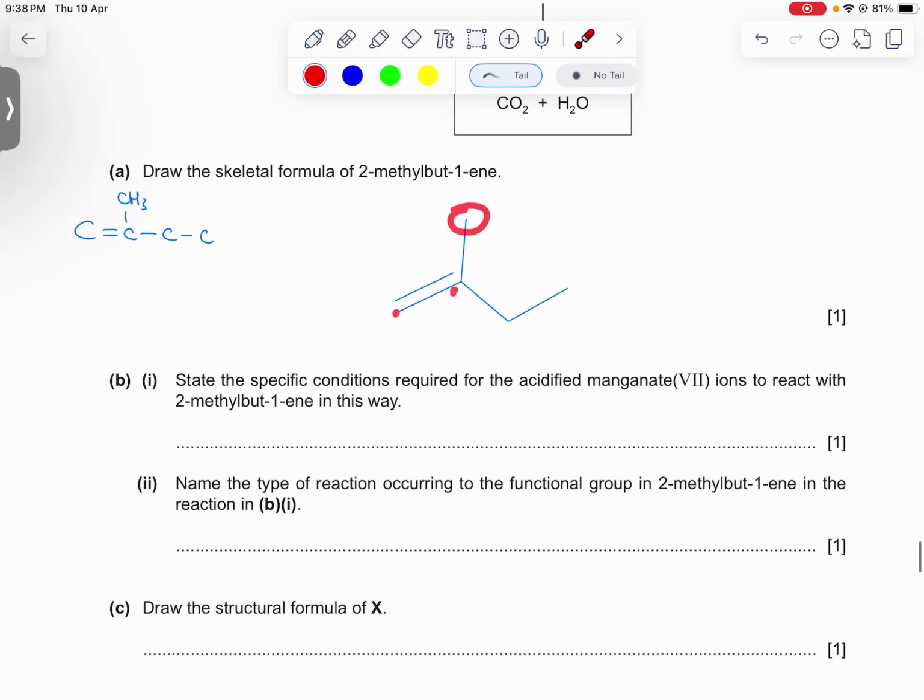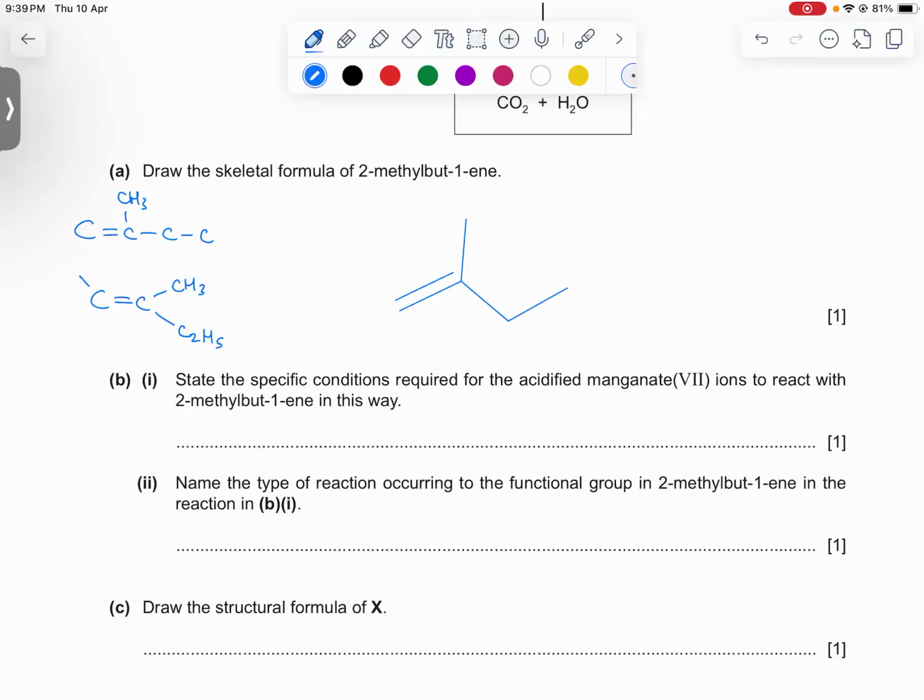methyl group. Okay. However, to understand it better, some of you like to write it like this: carbon double bond carbon, CH3, C2H5, H and H. So already you can see that this side produces carbon dioxide and water, as we have discussed that the oxidation of alkenes in hot concentrated aqueous potassium manganate conditions produces either carbon dioxide and water if the unsaturated carbon has both hydrogens attached to it, and it would produce a ketone if the unsaturated carbon has two carbon chains attached to it.